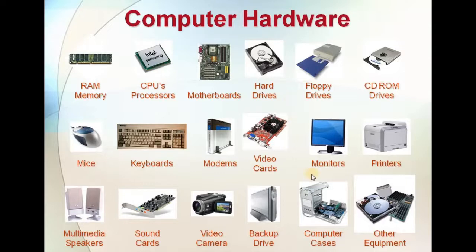Basically, when we look from the outside, we have this computer case, I mean the CPU. This is what we call a CPU, but inside that we have the motherboard. On that the RAM will be mounted, and then we have the CPU, processor, hard drive, floppy drive. These are basically external devices, but they will be put inside this case.